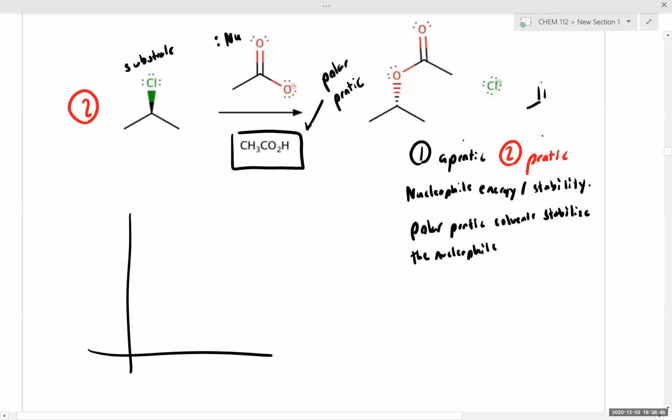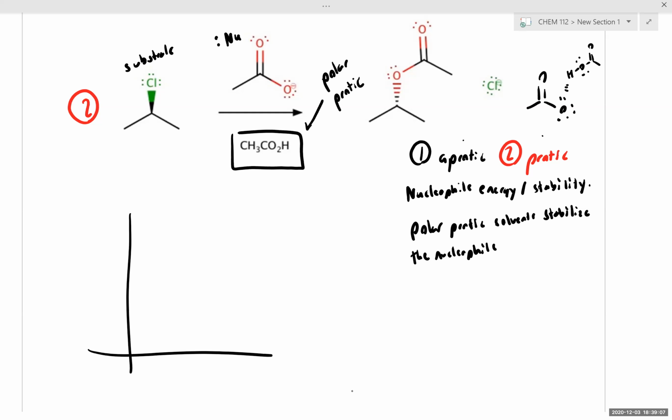So for example, our acetate can participate in hydrogen bonding with our acetic acid molecules, which is our solvent.